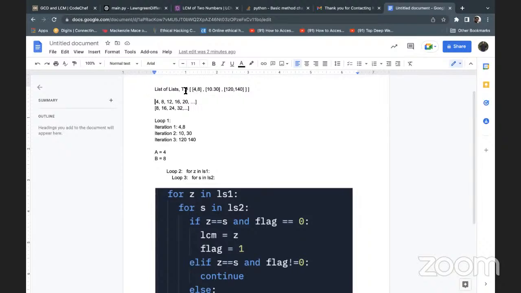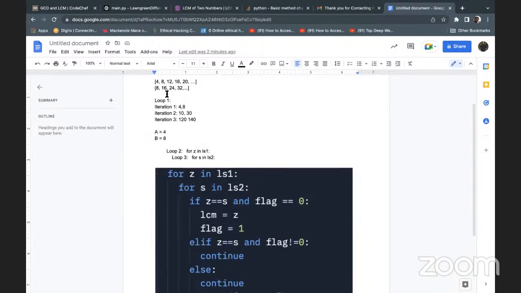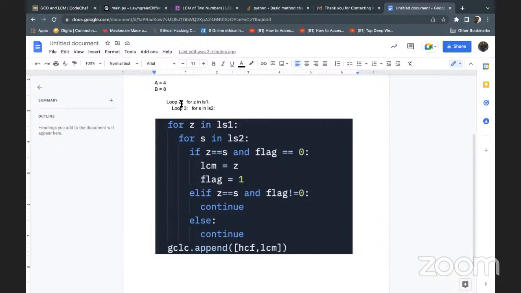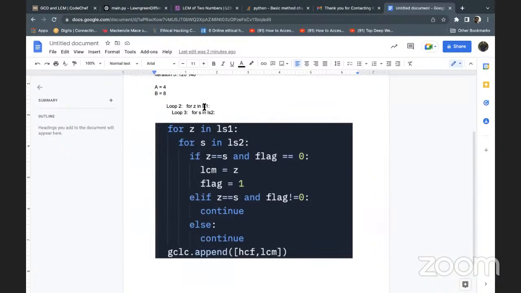So it is like for i in T. You take 4 and 8. And for 4, one list will have 4, 8 like that. And the second list will have 8, 16, 24, 32 like that. For the second loop, we have to iterate through the first list and second list, and check if Z is equal to yes. See, this seems like a slightly involved problem.